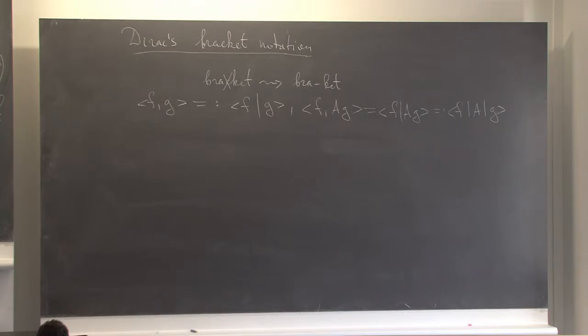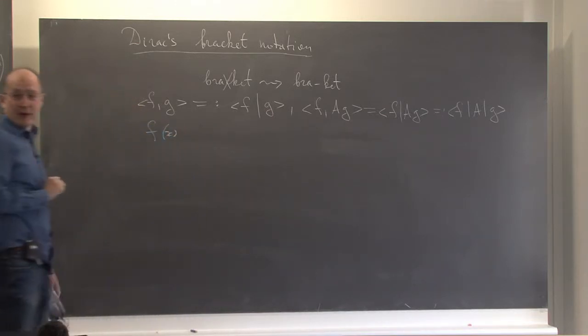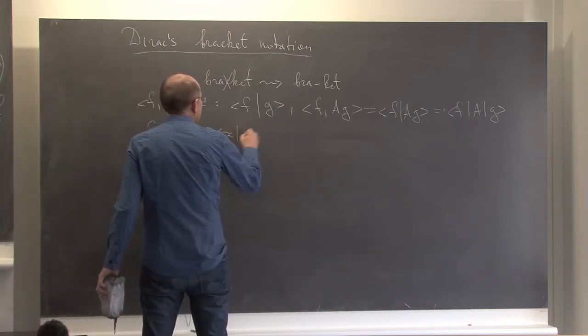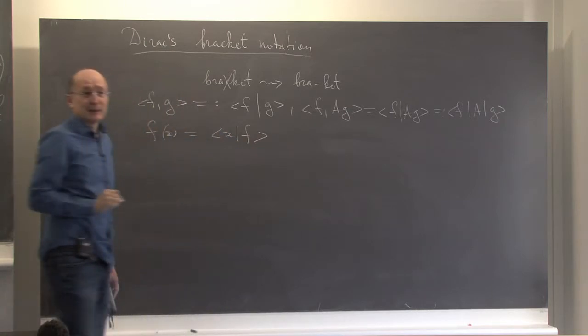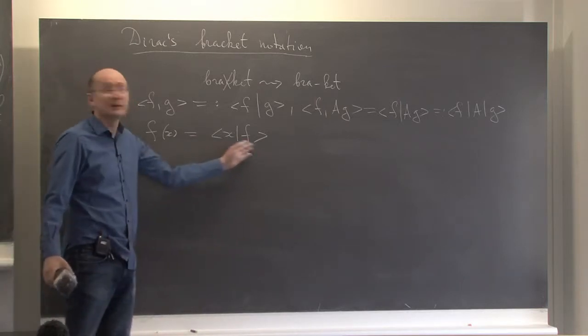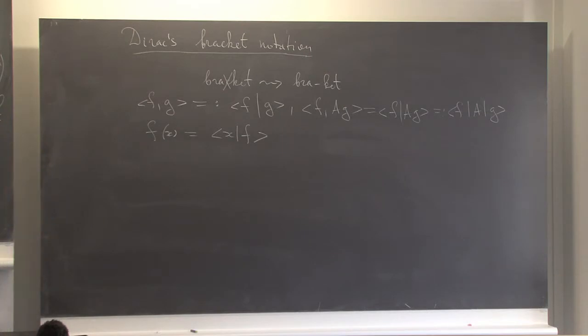And you go even further, so that if you have f of x, then you write it out like x bar f. So this is not a scalar product in the sense we were talking about, but we pretend it to be a scalar product. It is just a notation.